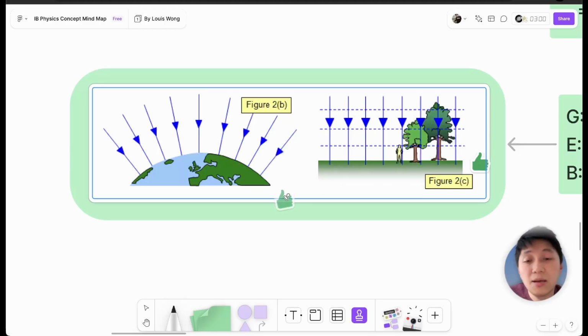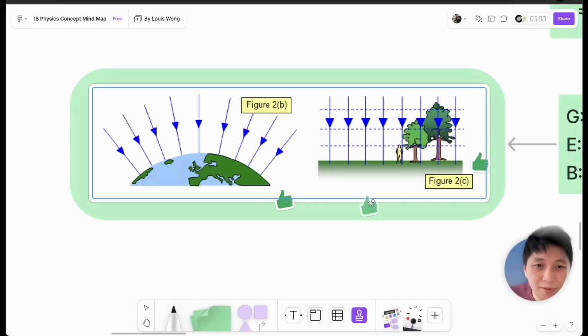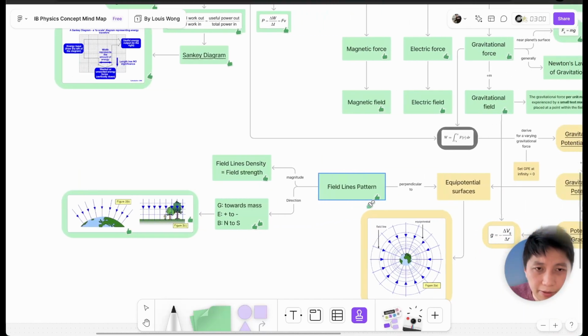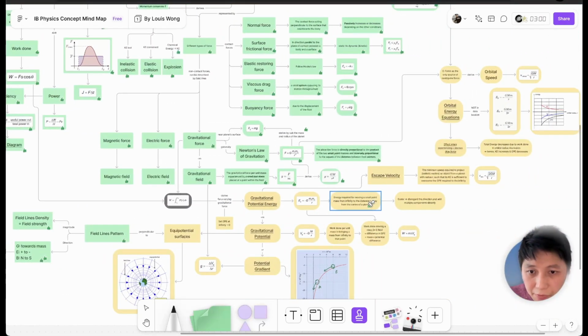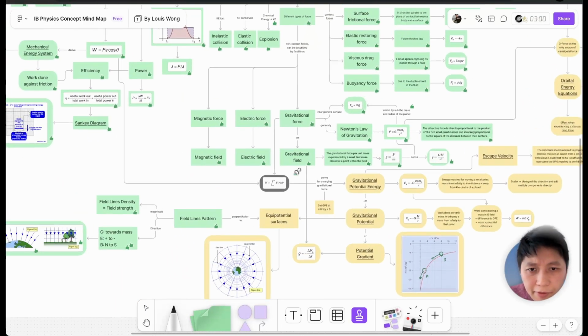But on a bigger scale, the Earth is more like a sphere, and therefore the field lines will be radial. So there is a difference when you go further and further away from the Earth. You're expected to know how to draw them and tell the difference. That should be all for the SL students. Thank you. Now HL students, follow me with the next idea.